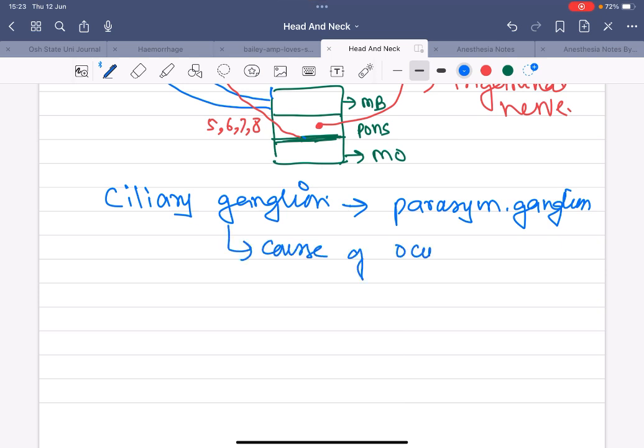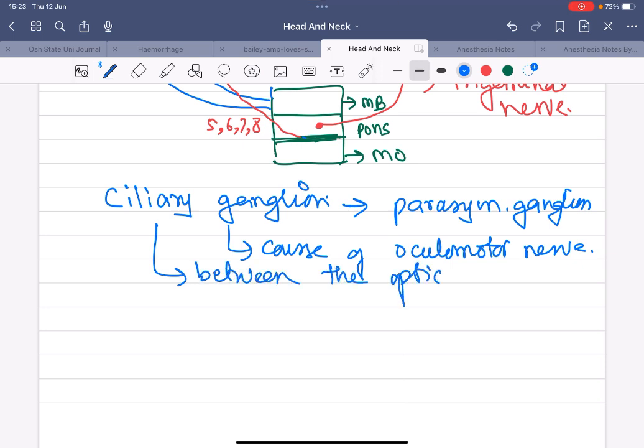Very, very important. It is present near the apex of the orbit, between the optic nerve and the lateral rectus muscle. And it is carrying the parasympathetic fibers.